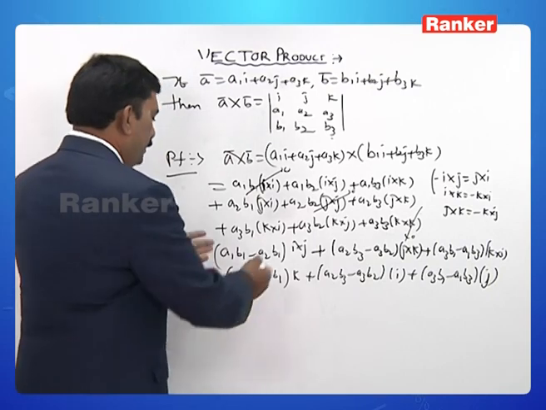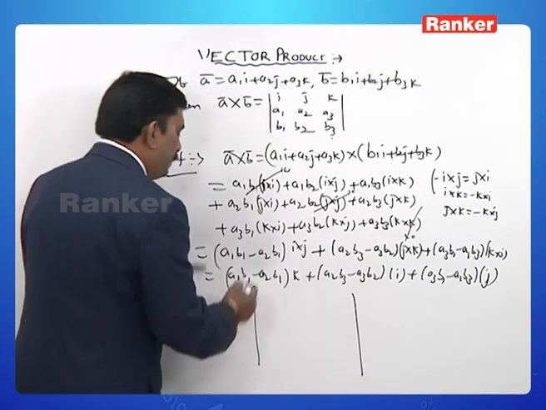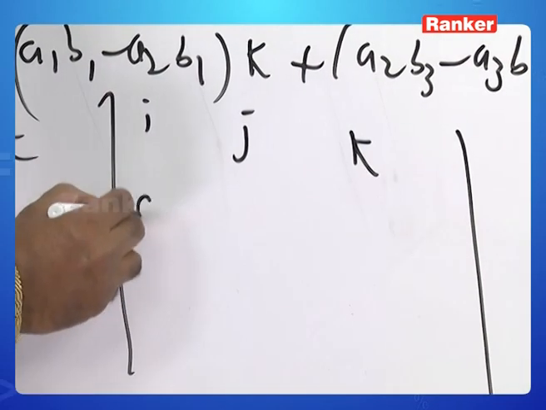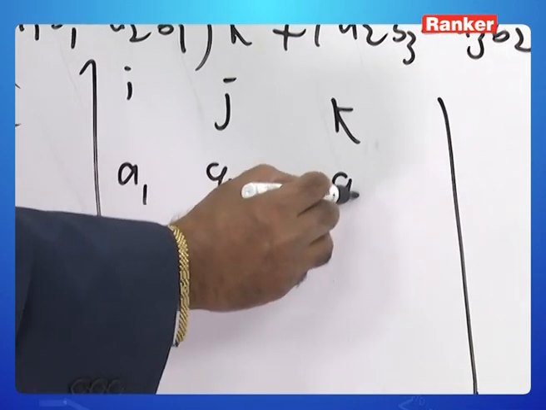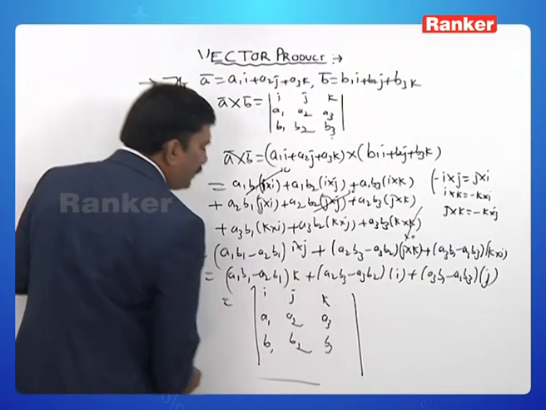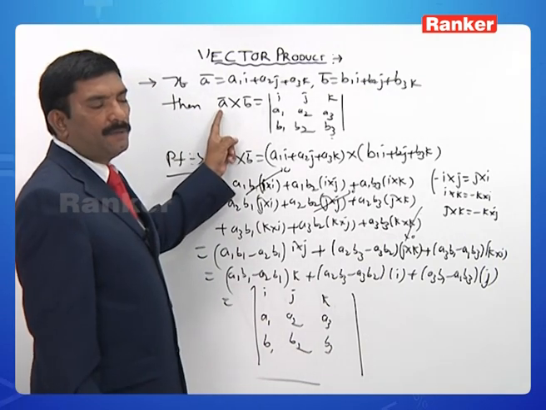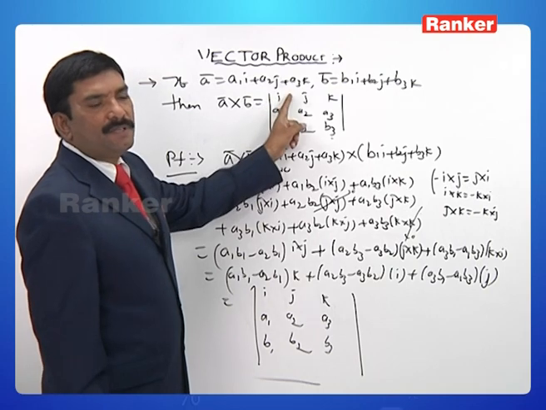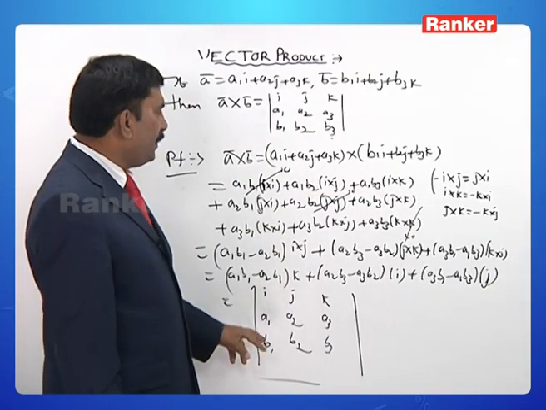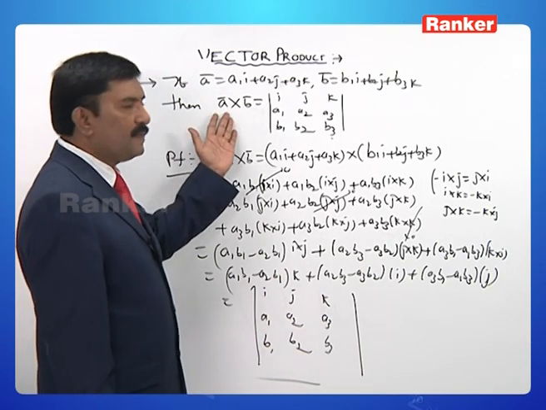So therefore this is nothing but the value of the expansion of the determinant with rows i j k, a1 a2 a3, b1 b2 b3. So hereafter, a cross b is equal to the determinant whose first row is i j k, second row a1 a2 a3, next b1 b2 b3. The value of the determinant is nothing but the cross product.